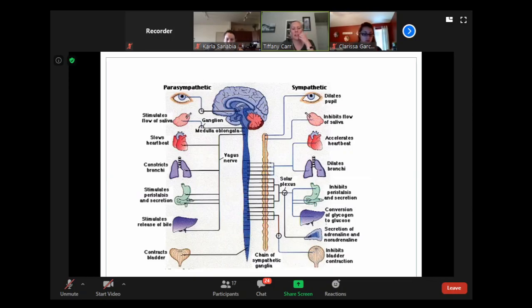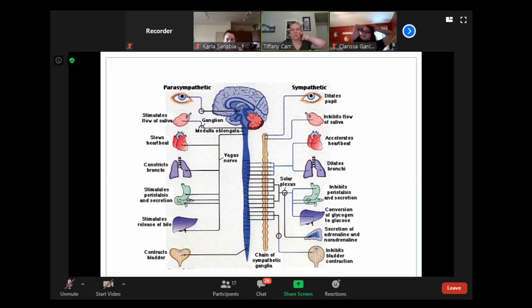So again, kind of the parasympathetic, sympathetic aspects, just kind of seeing the sympathetic chain for the sympathetic ganglia, and how those are going to connect. This lecture really isn't about this aspect in particular, just being familiar that parasympathetic is going to have, make sure I say this correctly, preganglionic.